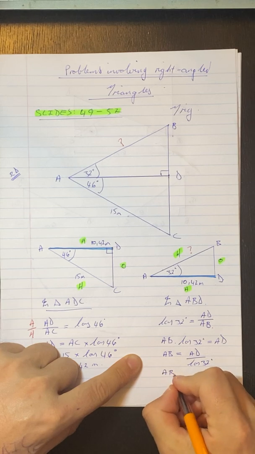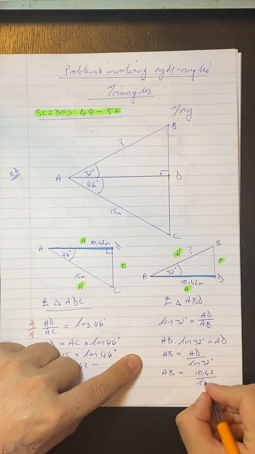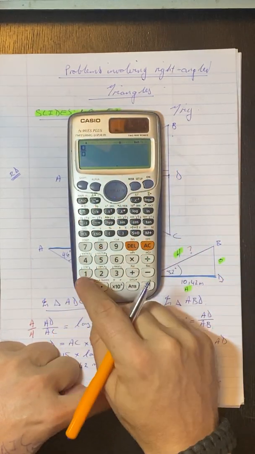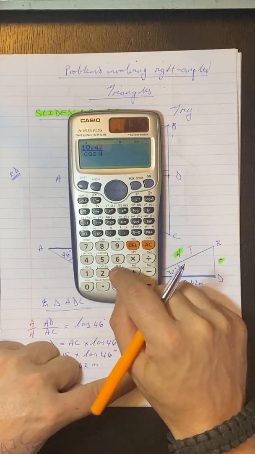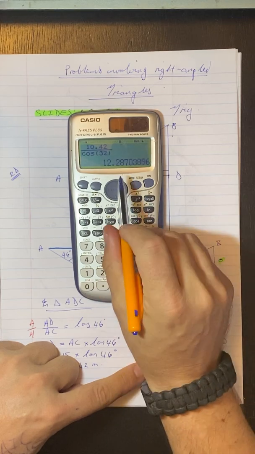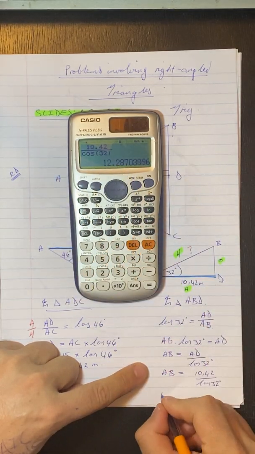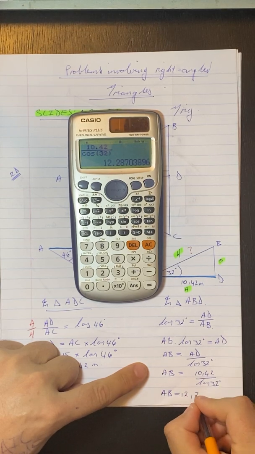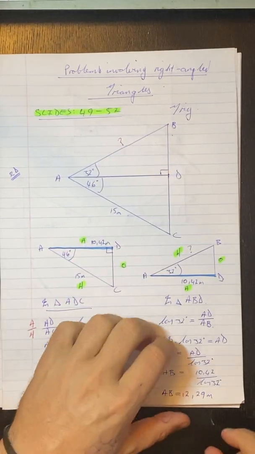So we get AB is equal to 10.42 over cos 32. Put that on our calculator, and round that off to 2 decimal places. So we get 12.29. So AB is equal to 12.29 meters. And that's what they wanted. Okay. Moving on to the next example.